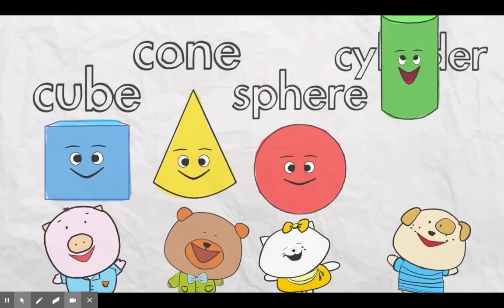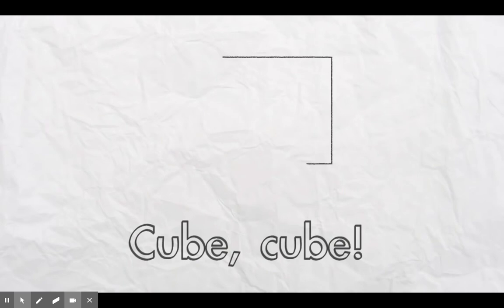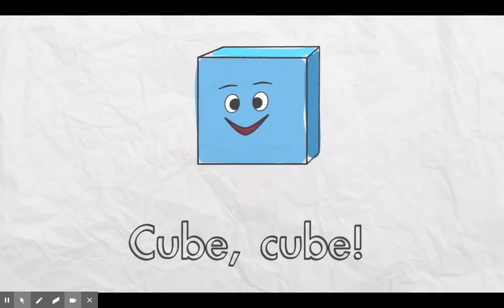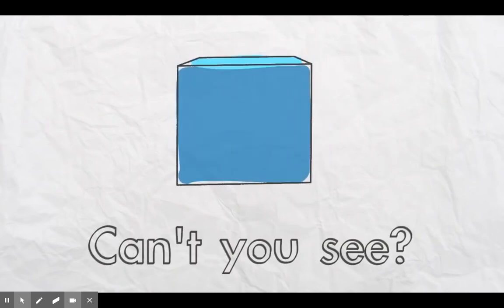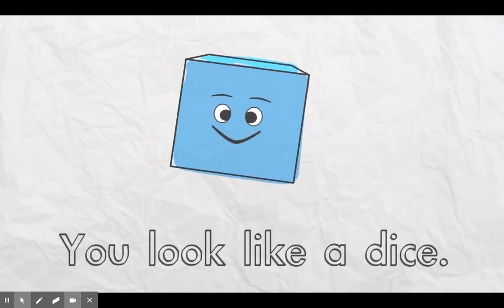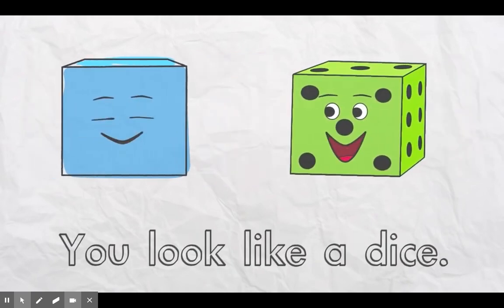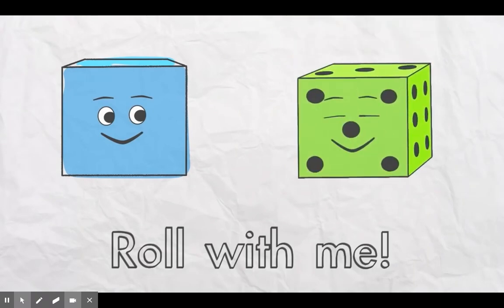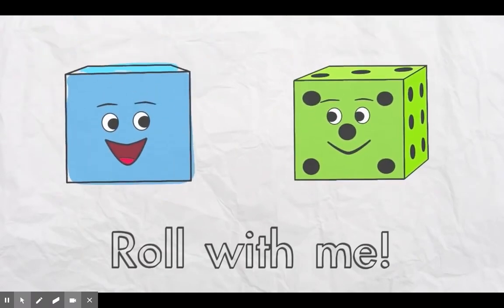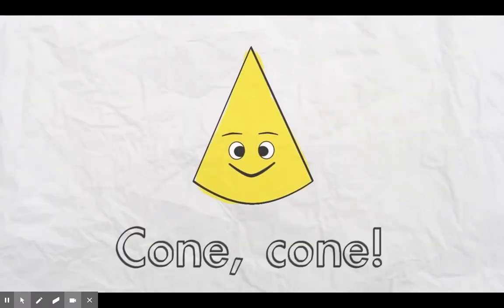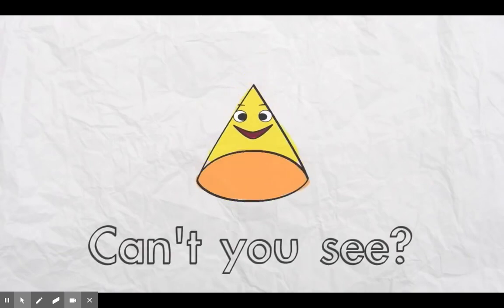Cube, sphere, and cylinder. Cube. Can't you see? You look like a dice. Roll with me. Cone. Can't you see?